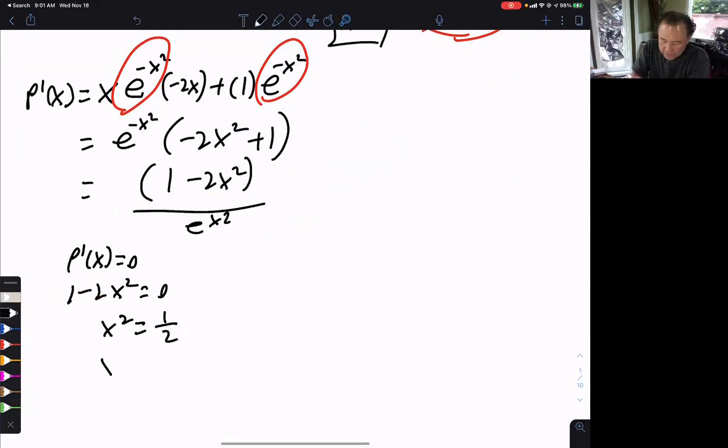Then when you solve for x by square rooting, don't forget plus or minus 1 over radical 2. Now, let me get a value of that so it's easier to graph. 1 divided by radical 2, that's 0.707. I'll say 0.7, that's close enough.